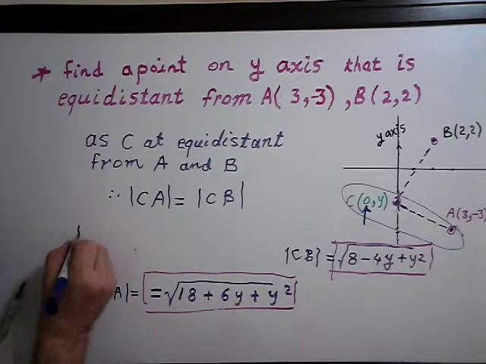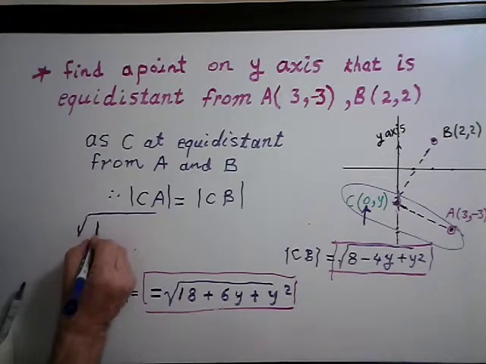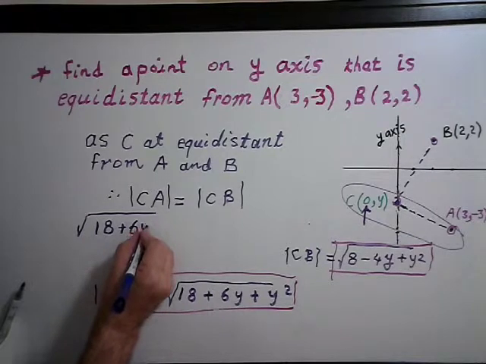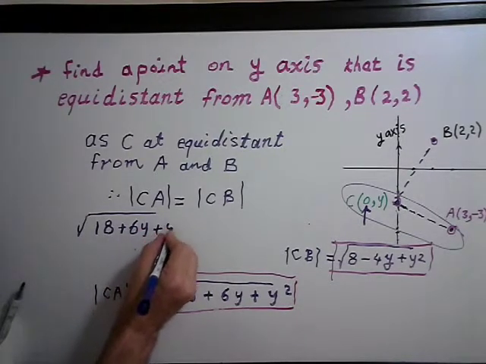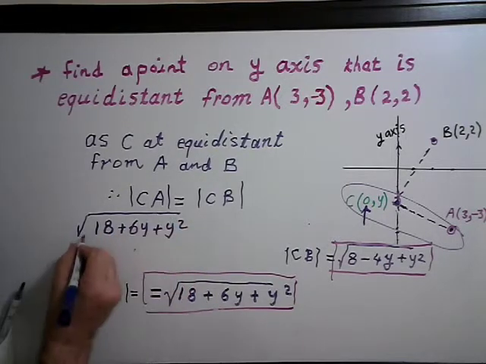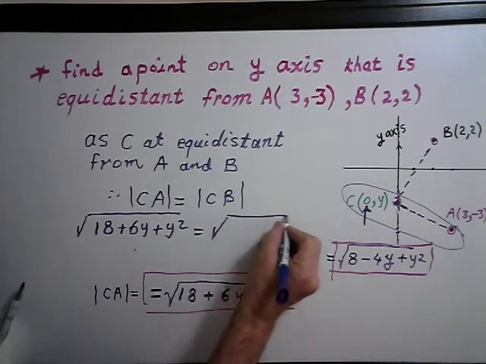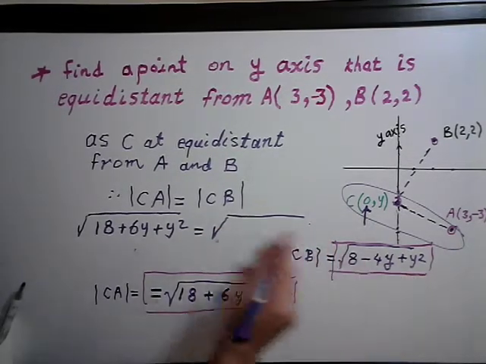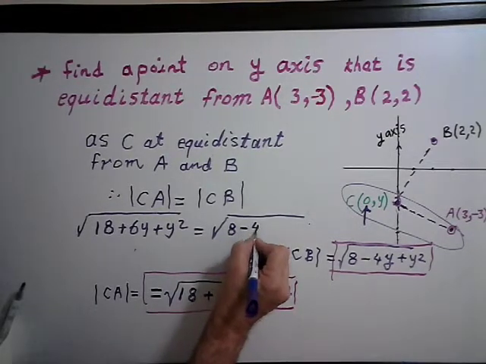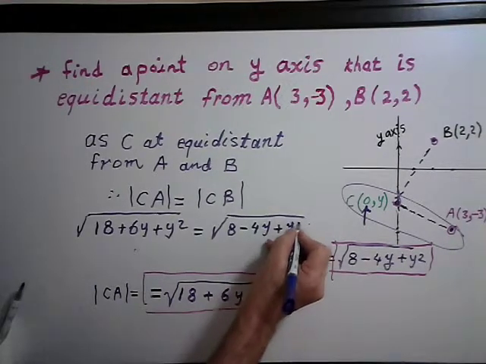So the square root of 18 plus 6y plus y squared is equal to the square root of 8 minus 4y plus y squared.